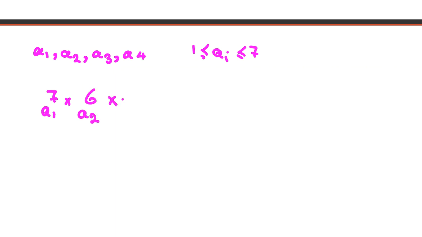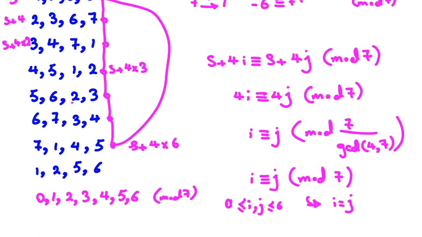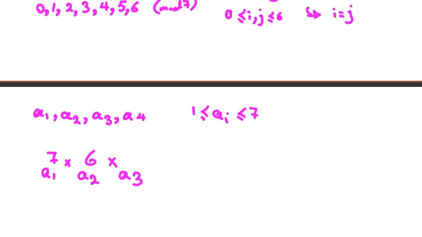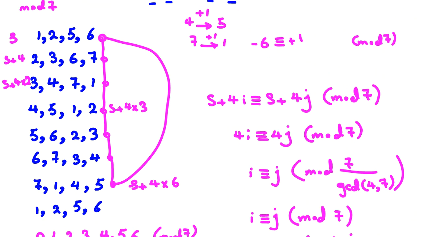A2 has 6 cases. A3, and when we add all of them by 1, they will be still distinct because we add all of them by 1. So it is 5. A4 is 4. So we have these number of, let's consider these things, for example, elements or vertices. For each quadruple, we consider a vertex.